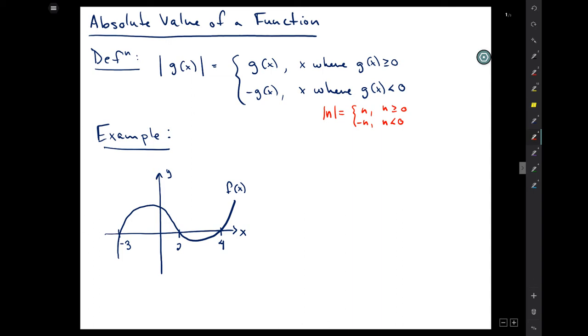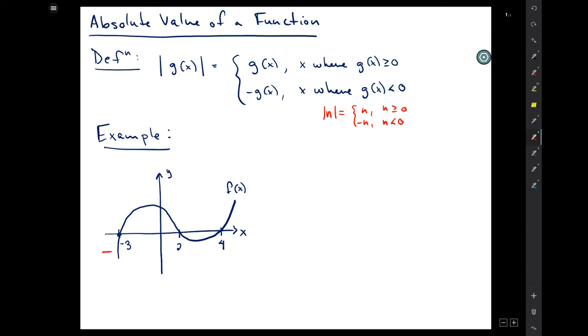So here in our definition of the absolute value of a function, we're using the entire function instead of just one number. So here's a visual example to get you started understanding how exactly we use this definition. I have my function f of x, and you can see that for x less than minus 3, the function is negative, because the y values are below the x-axis.